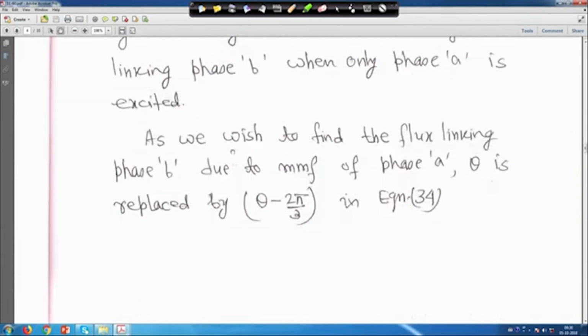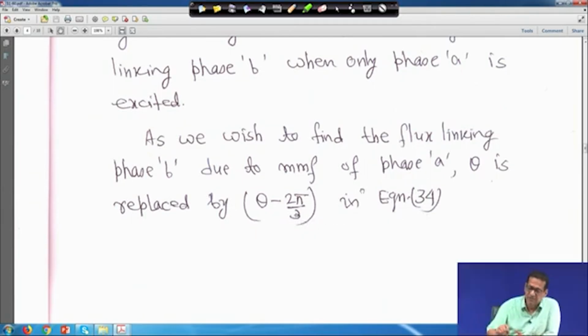Now, as we wish to find the flux linking phase B due to the MMF of phase A, theta is replaced by theta minus 2 pi by 3 in equation 34. This is very important, you need not derive many things.